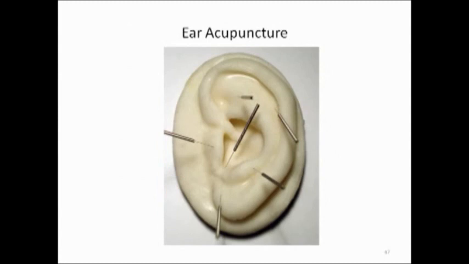Ear acupuncture, auricular therapy, is based on the theory that the human anatomy can be represented in the auricle of an ear, and stimulation of the corresponding reflex area in the ear can achieve therapeutic effects to alleviate pain and restore functional disorders.